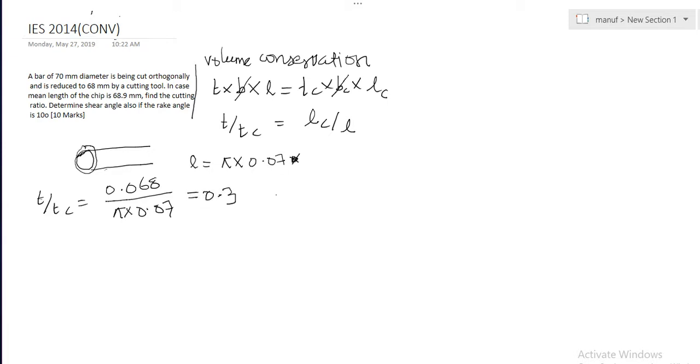So we can again apply the formula tan phi equal to r cos alpha upon 1 minus r sin alpha.